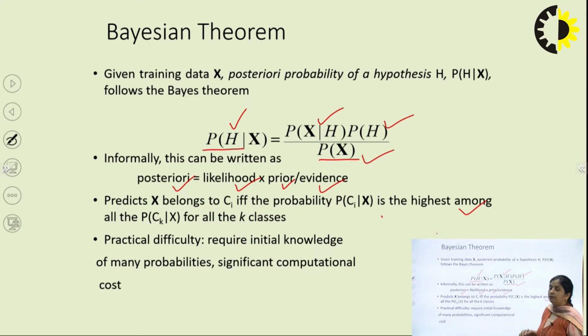This is the way Bayesian learning is used in Bayesian classification. And we require initial knowledge of many probabilities, so it has a significant computational cost.